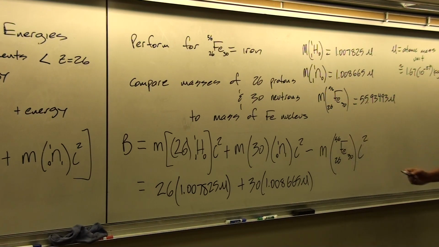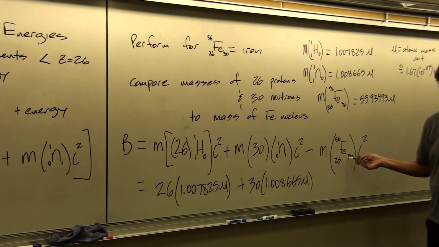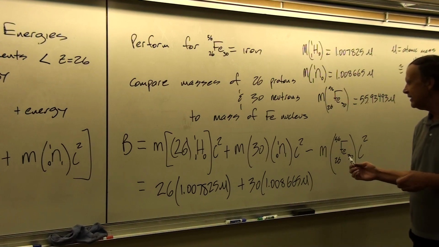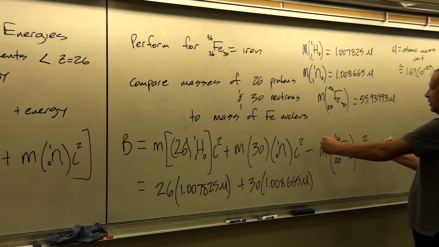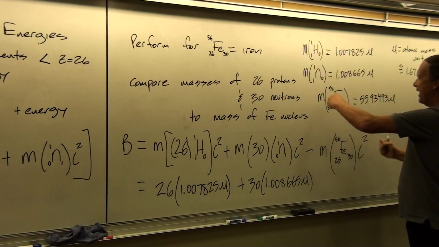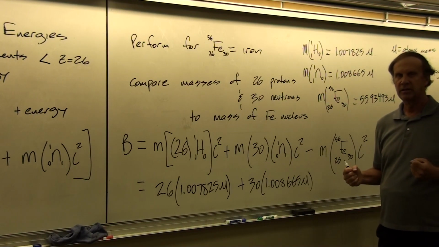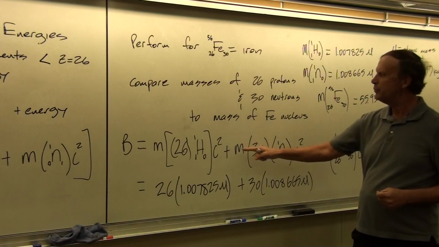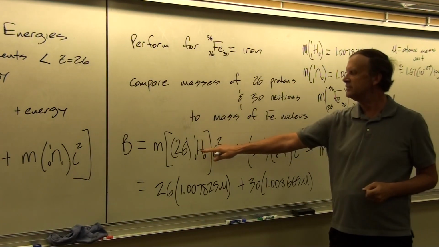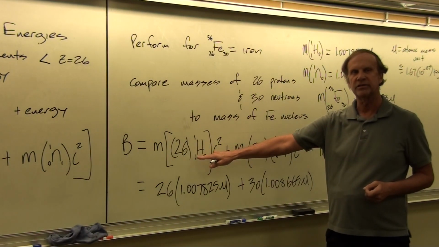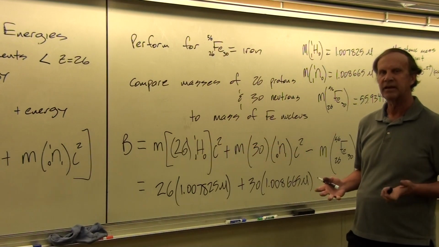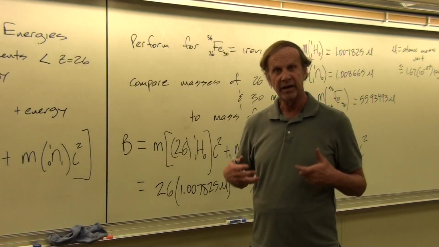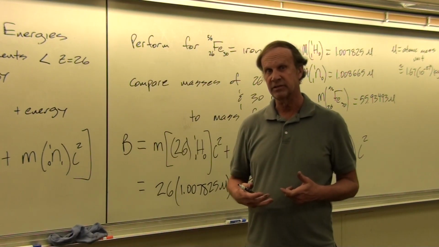And then we subtract off from that the lower mass iron, because this is in a more stable state. Okay, and so why does that mean a lower mass? Well, when it's in a more stable state, basically if I wanted to pull apart all of these iron atoms, it would take energy to pull off all those protons and neutrons. And so that would put all of the pieces at a higher state of potential energy. But something that has a higher state of potential energy has not only more energy, but it has more mass, by E equals mc squared.